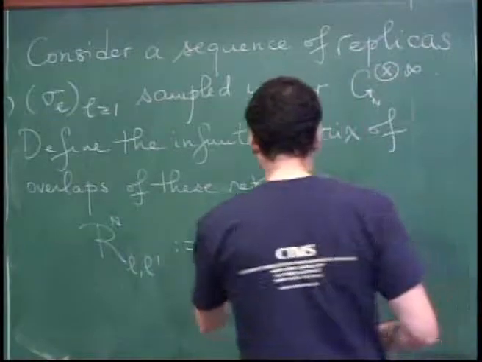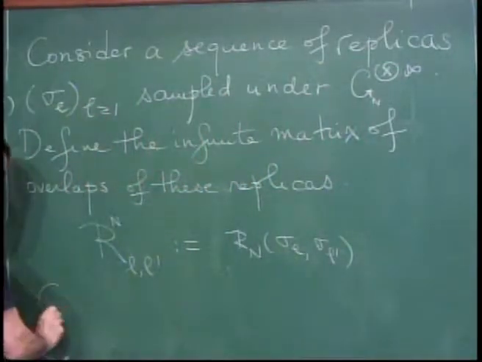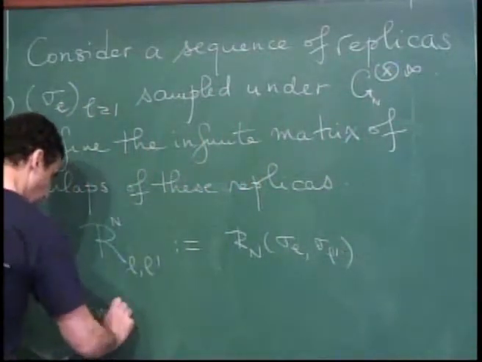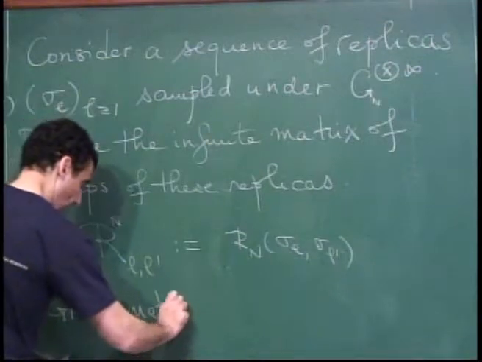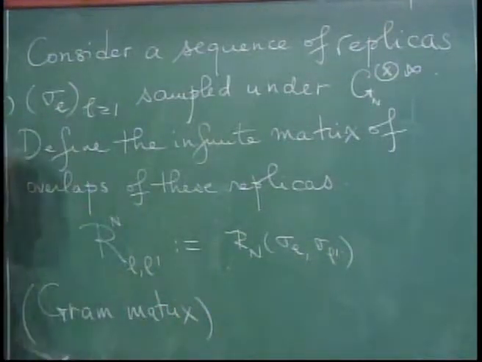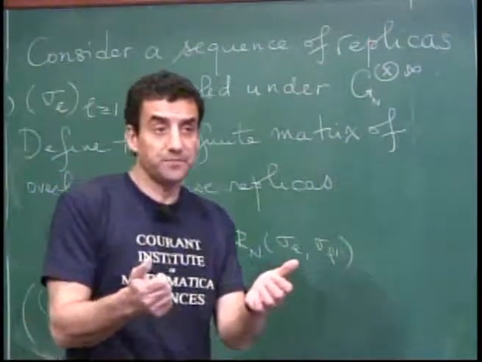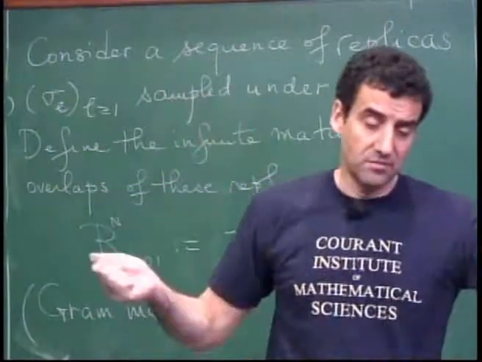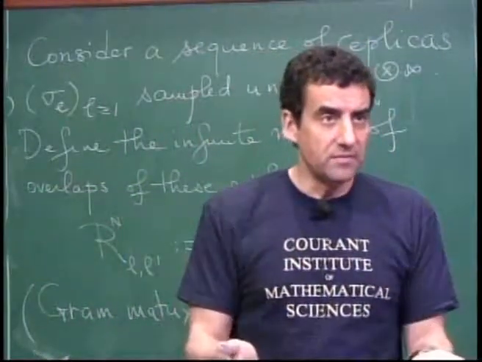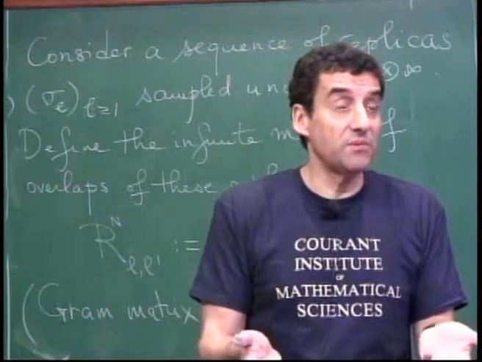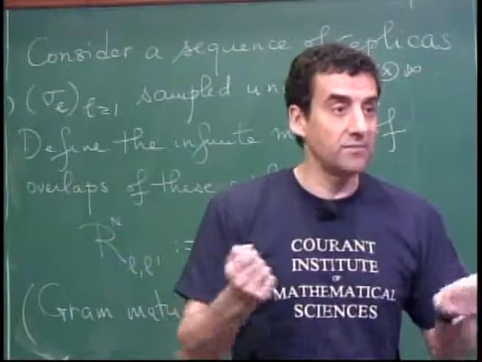This, of course, is just a Gram matrix. Remember what a Gram matrix is. If you take a number of points, you look at the symmetric matrix, which is simply the matrix of their inner products. This is a Gram matrix.